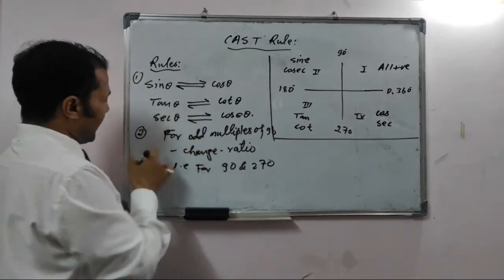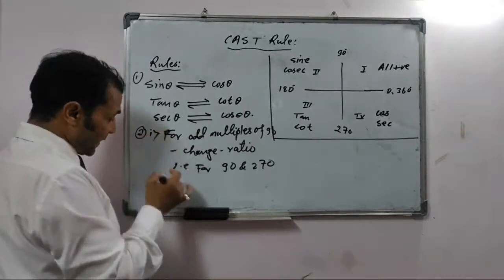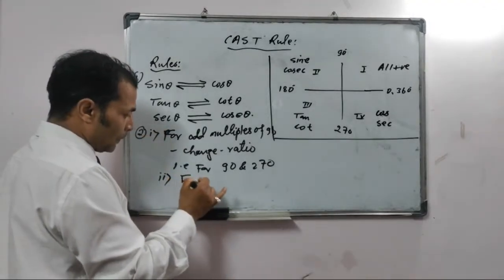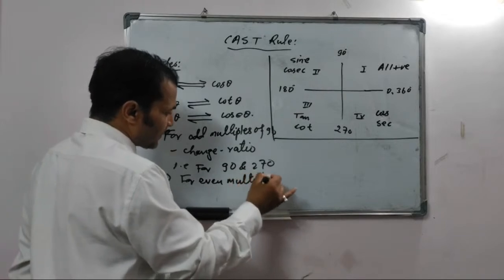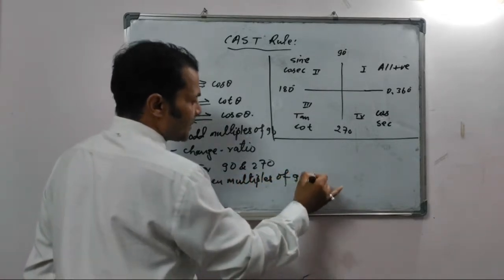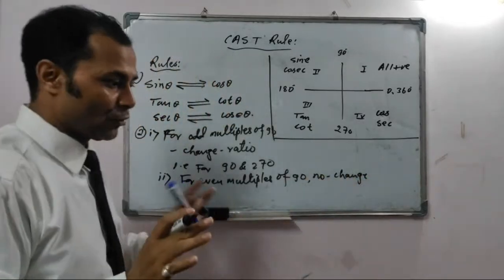Clear? And the third one, second rule, in the second step, for even multiples of 90, no change. The ratio won't change.